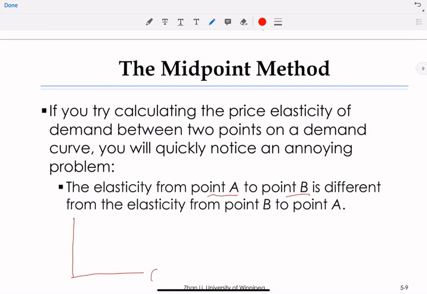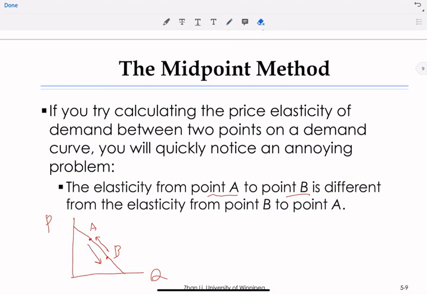What I'm talking about is, if this is your demand curve, you could have a point A here and point B here. Let's say you want to calculate the price elasticity from point A to point B. Or you could calculate the price elasticity from point B to point A. Ideally, you should get the same number because you're on the same demand curve. However, you will see that depending on what is your starting point, you will actually have different numbers.